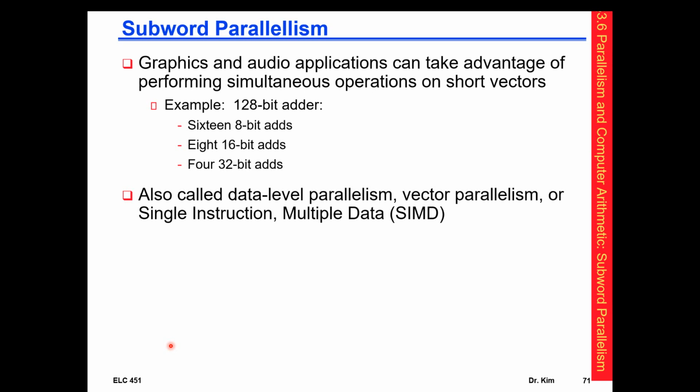So the idea is not to get a lot of precision necessarily, but to achieve high throughput. Even if you don't get the right value because you have saturation, as we explained last time, that's not as important as the ability to get some data there and keep the frames moving, for both audio and video. So that's what happens when you have the ability to repartition these wide arithmetic units into subwords and do what is called vector processing.